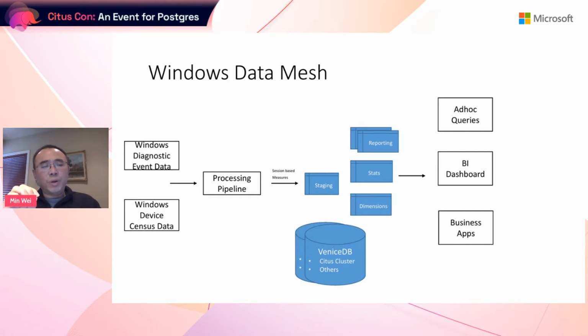The pipeline also uses the Windows census data, which you can think of as reference data sets, stitching those onto the Windows measure data to do what we call dimension enrichment. Once the data gets loaded into the database, which is a Citus-based Postgres cluster, it goes through a few stages.